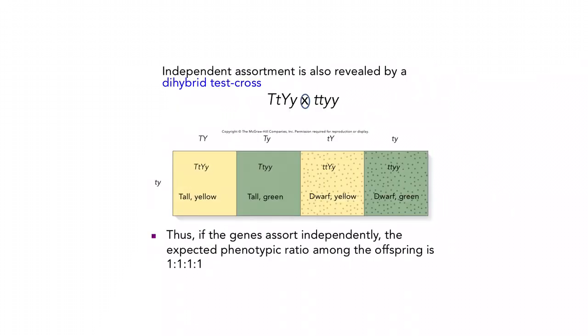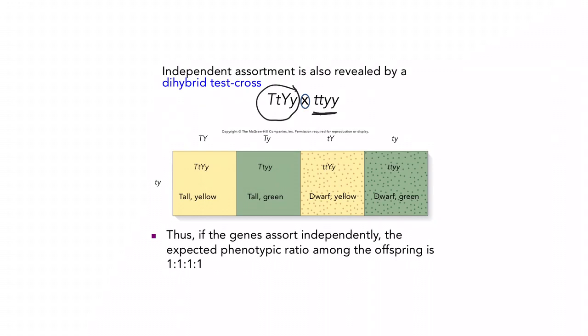Finally, I want to remind you that you could do a dihybrid test cross, and this will come up later when we talk more about genetic linkage. You can also test for independent assortment this way. In this situation, we're crossing one of those F2s with basically one of the true breeders.